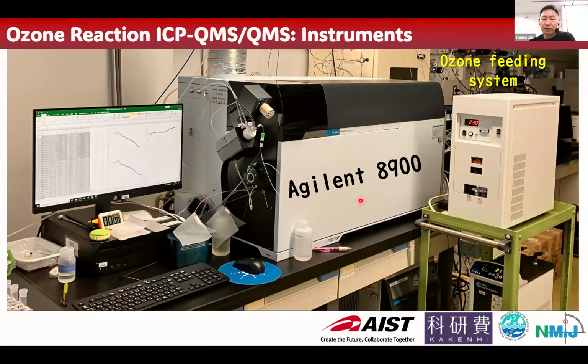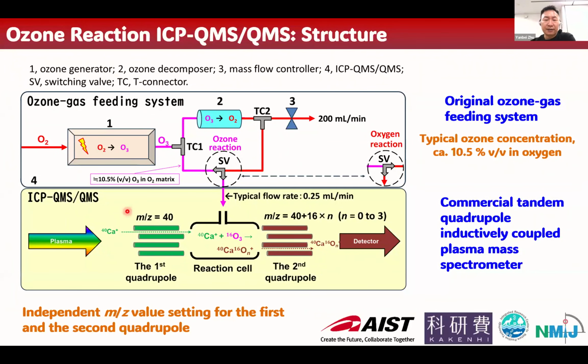For the instrument, I'm using an Agilent 8900. I made an original ozone feeding system to introduce online-generated ozone to the ICP-QMS. The structure is like this.